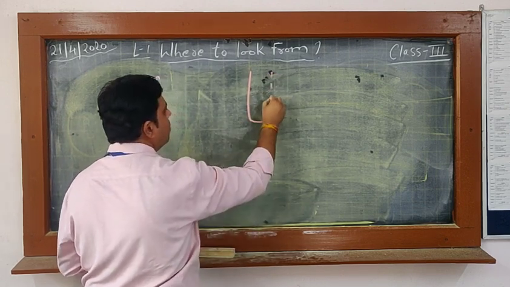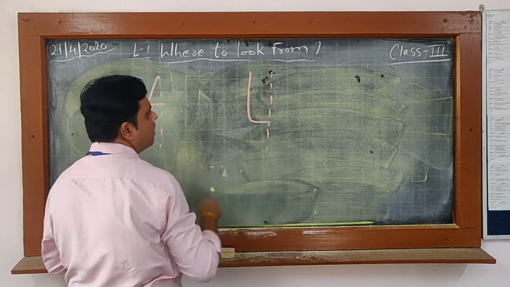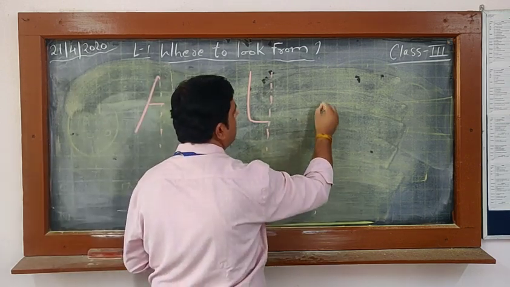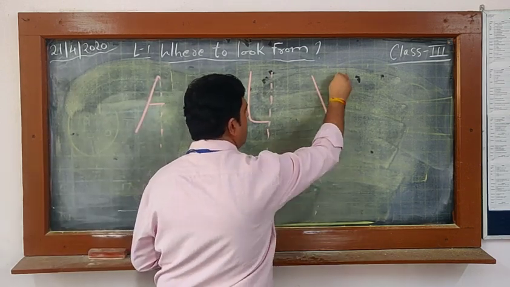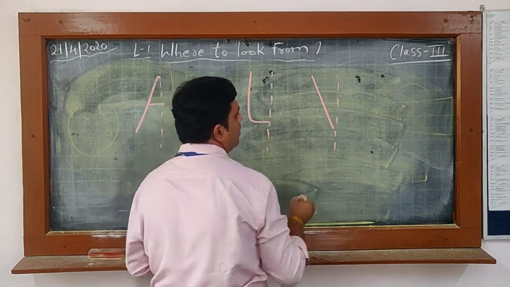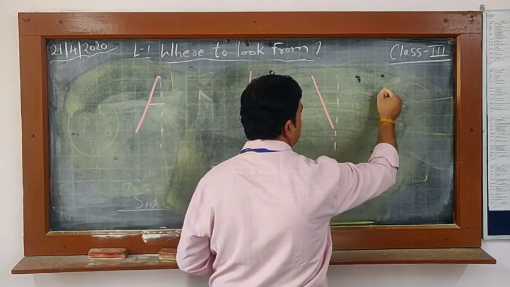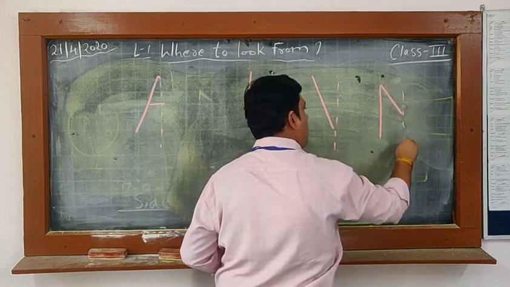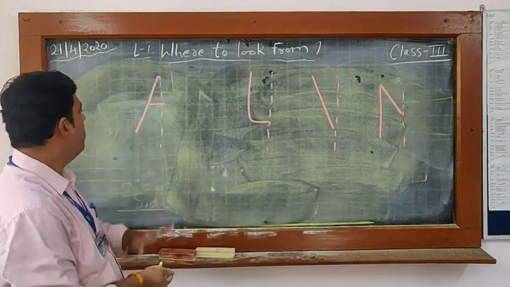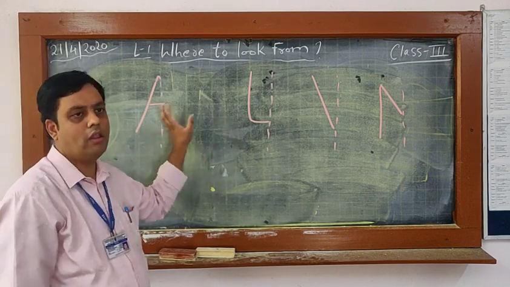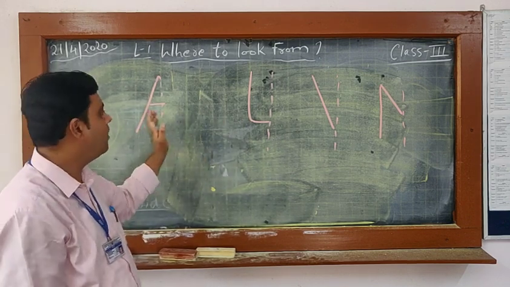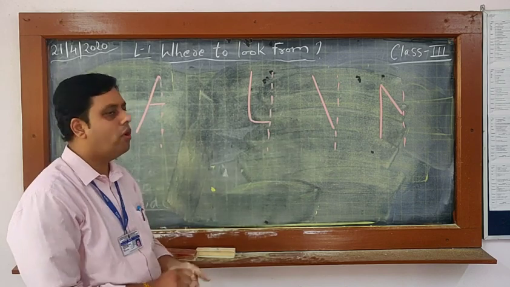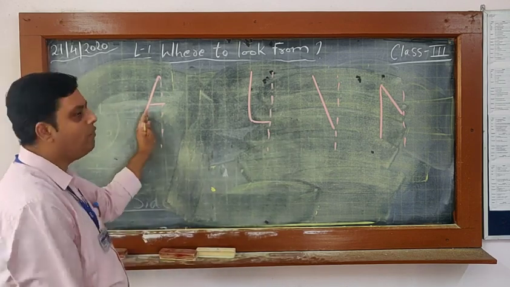I have already told you in the example also. See, some alphabet is given but only one half is given and you have to draw the other half by seeing the first half.